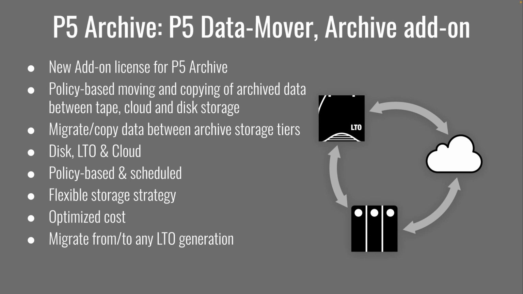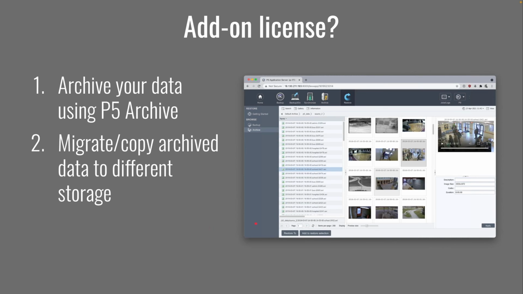So this gives you flexibility to take your archive index, which knows about everything that you archived for the last 15 years, and choose different storage and replicate or move data that you already archived somewhere that's going to be cheaper, maybe faster, ticks the boxes within the business that you need to tick. Also supports any LTO generation, which makes it particularly useful for migrating from older LTO generations to newer ones.